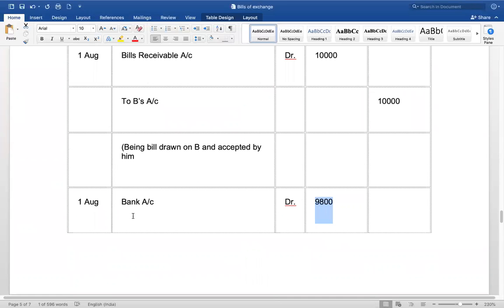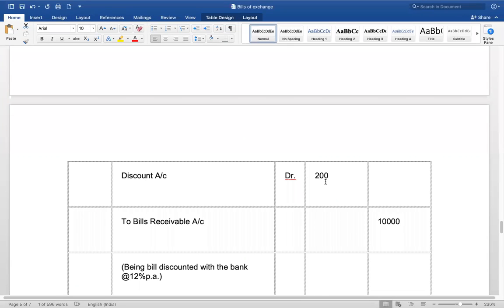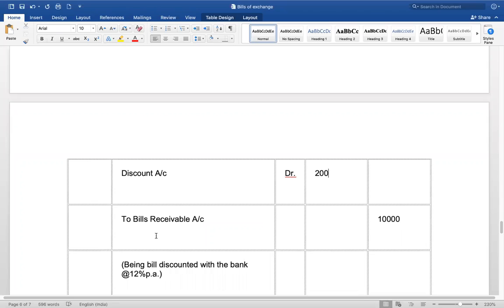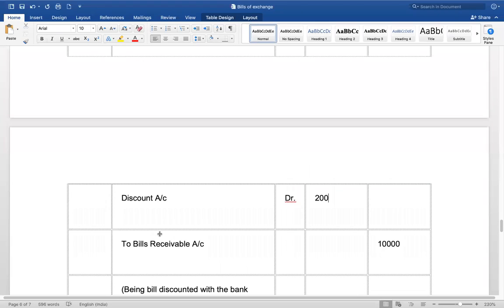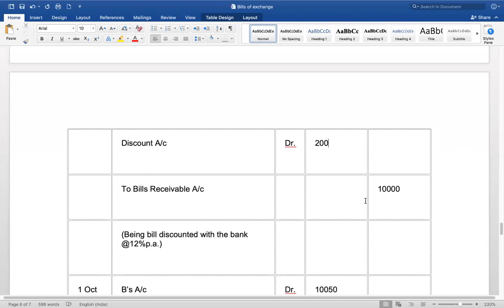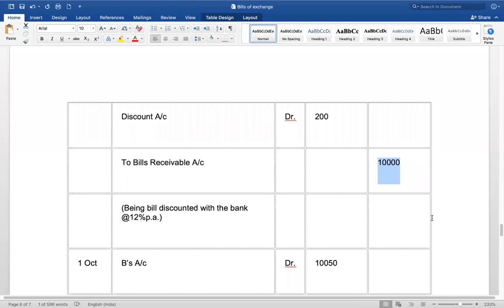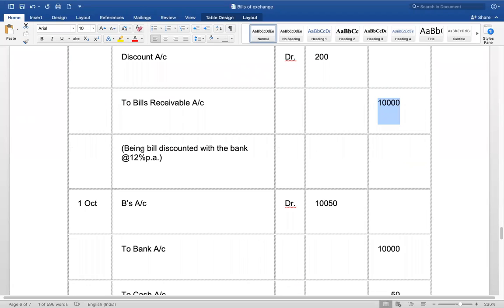So bank account debit to discount account 1,200, right? And the total amount is 10,000 to bill receivable, being bill discounted with bank at 12% per annum.